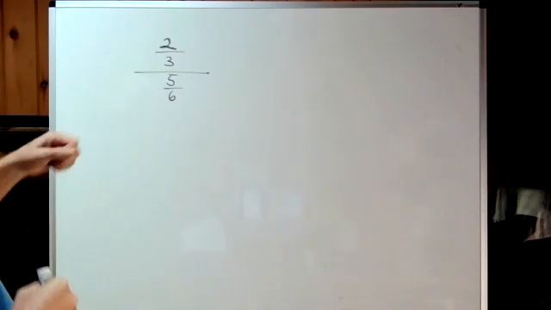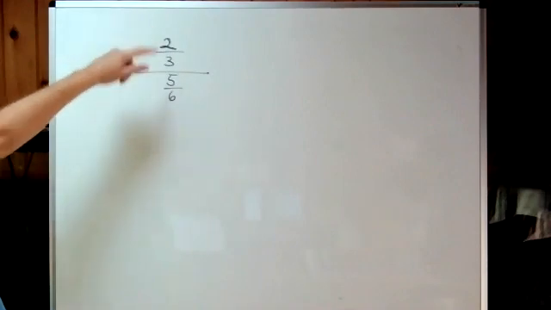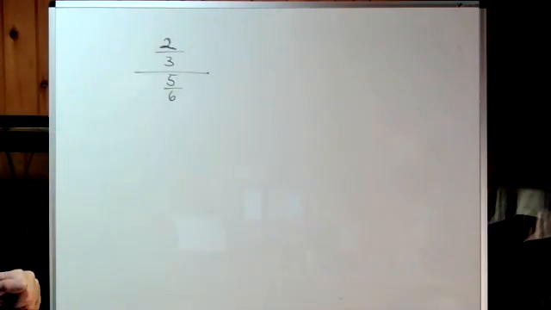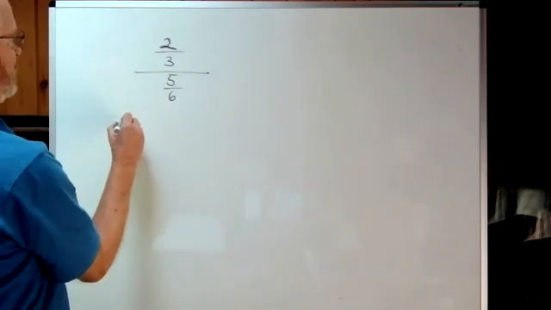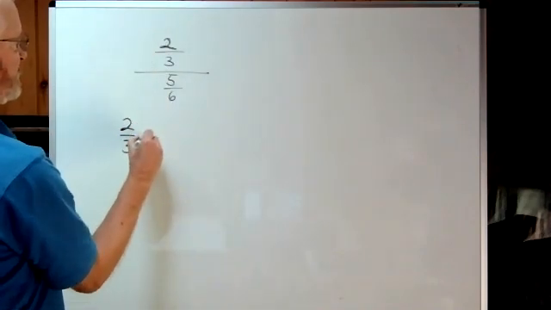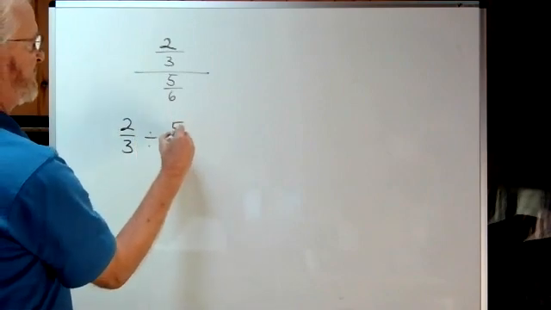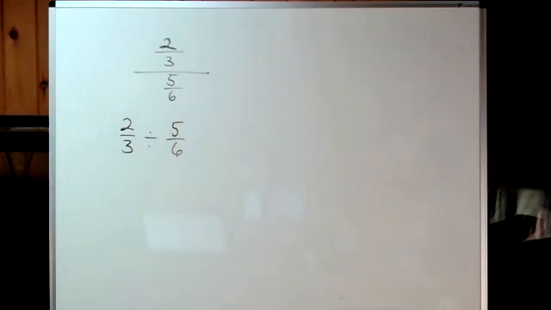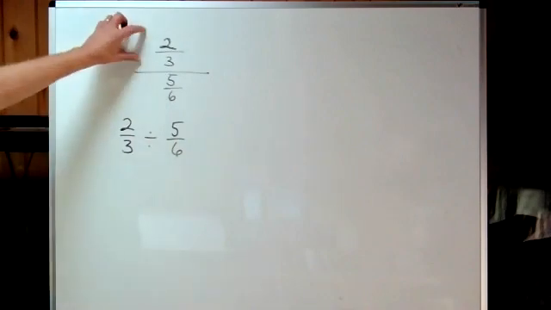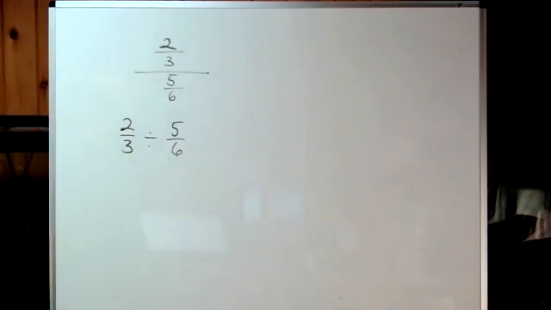And then the next thing is to recognize this means division. This is a division problem. This fraction is the same as 2/3 divided by 5/6. Top number divided by the bottom number.